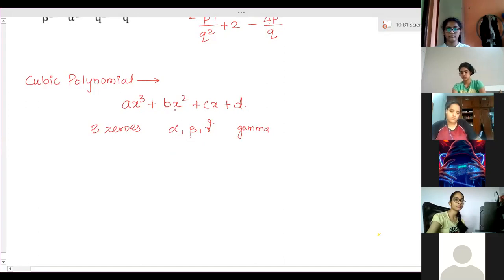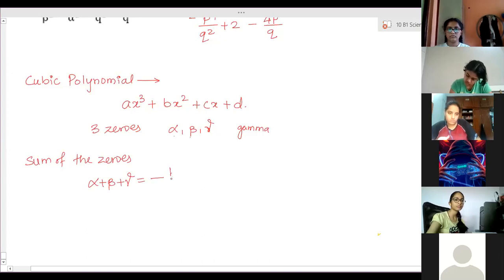Now the relation between these a, b, c, d coefficients and alpha, beta, gamma is given by 3 relations. One is the sum of the zeros: alpha plus beta plus gamma, which, similar to the quadratic, is minus b by a. This is the first relation.